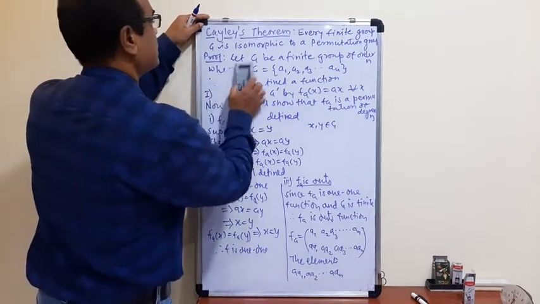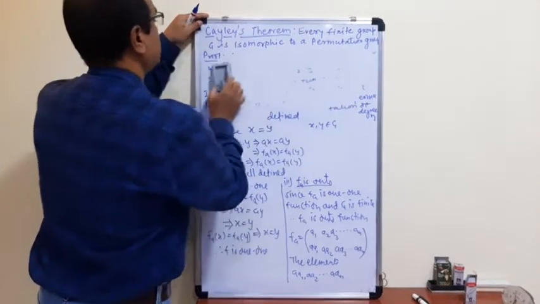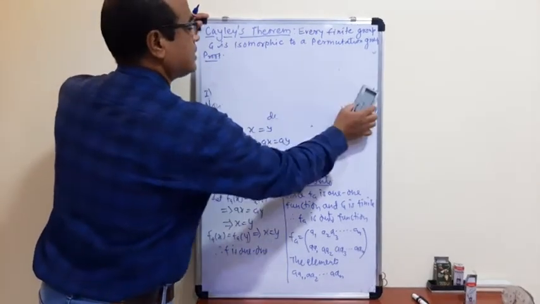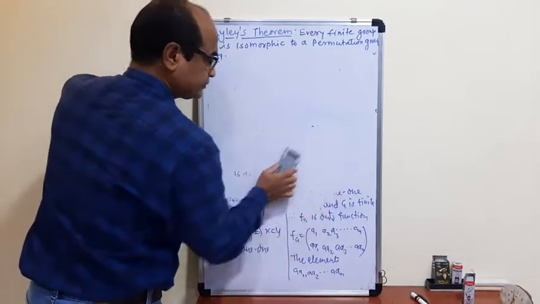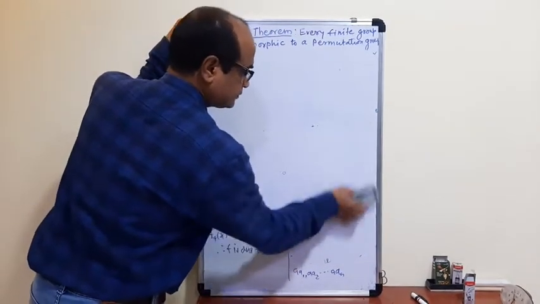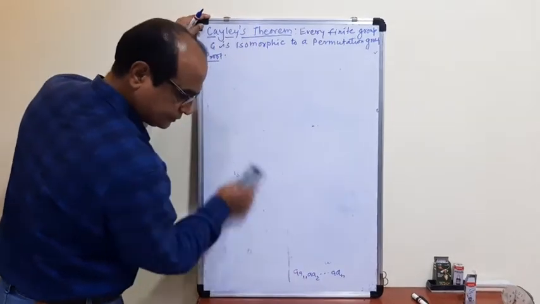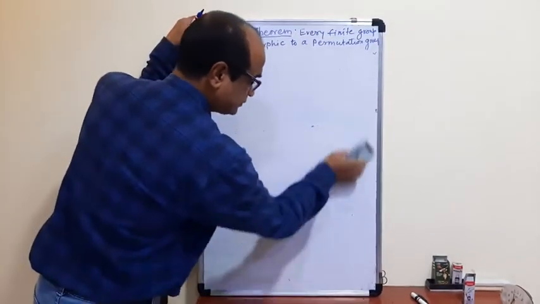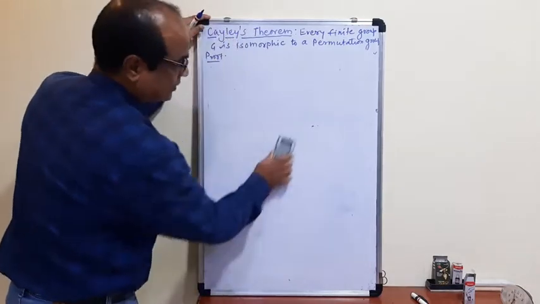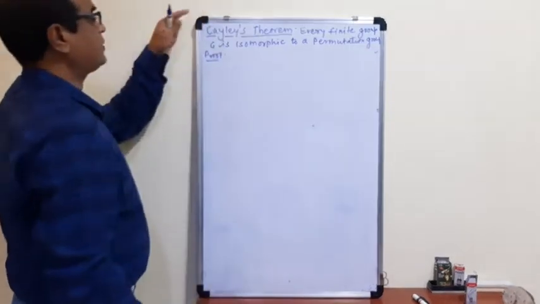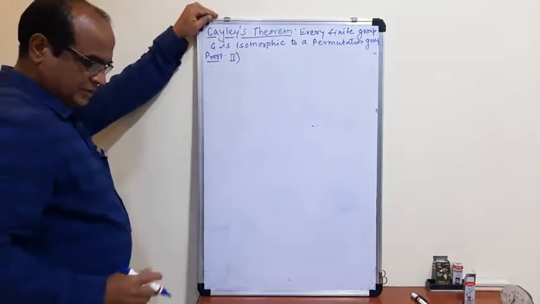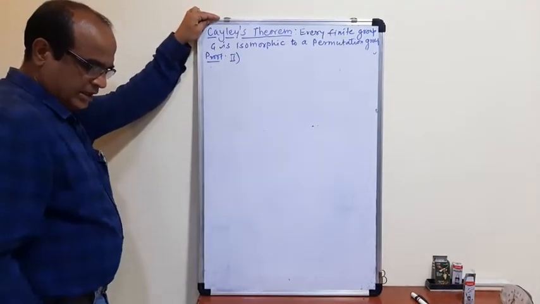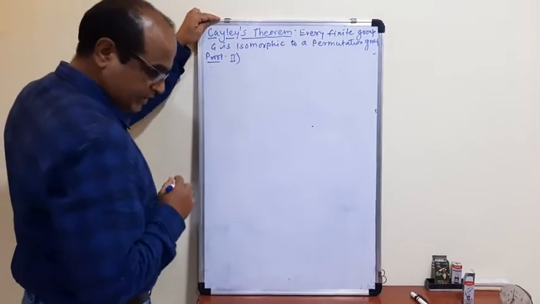Okay. So what is the second part of the proof? We prove that G dash is a group. So what is G dash?